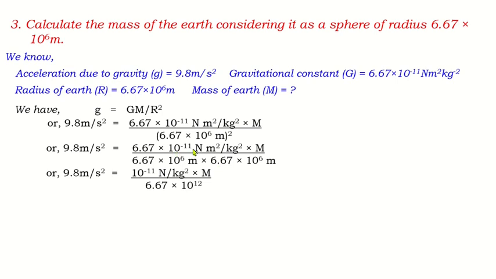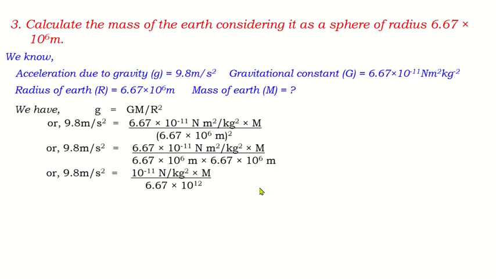Look at this, 10 to the power minus 11 is left. There is meter square in the numerator and meter square in the denominator, so we can cancel this meter square, and kg square is left. Capital M remains the same, and in the denominator we have 6.67 into 10 to the power what?